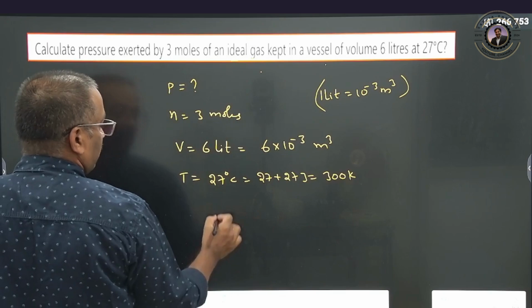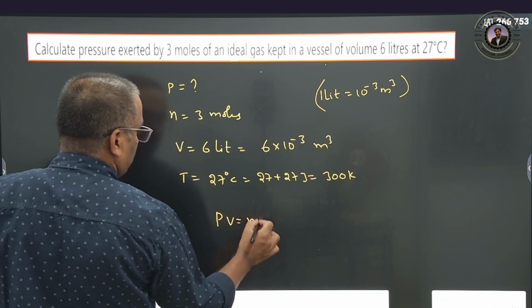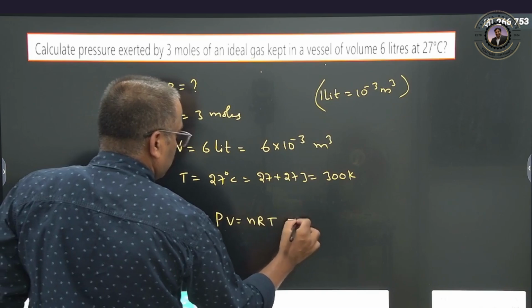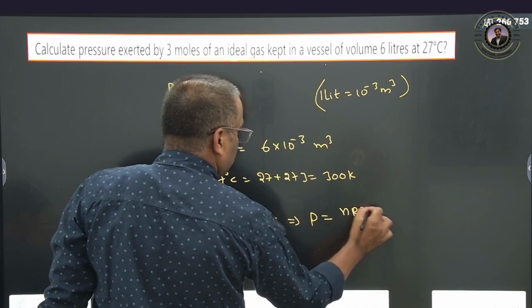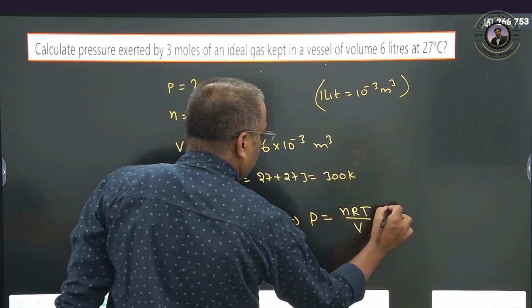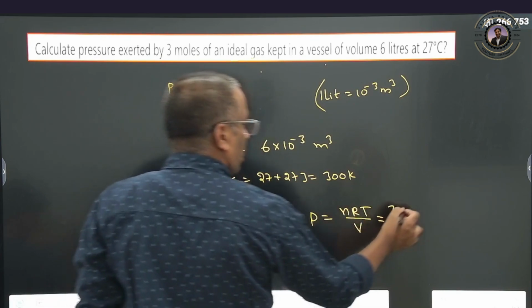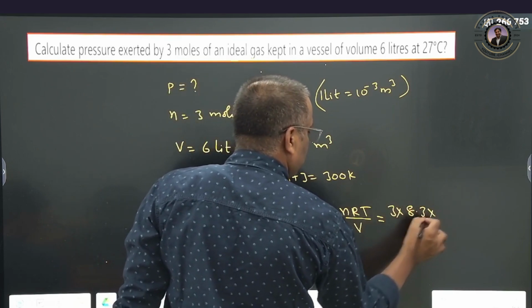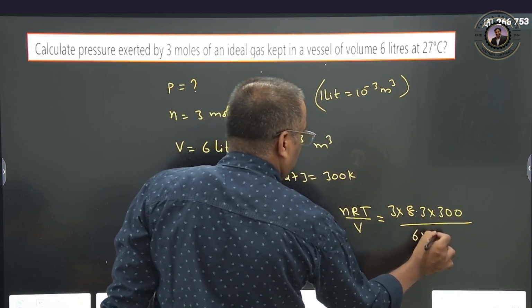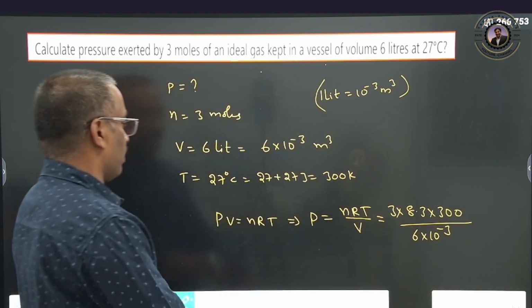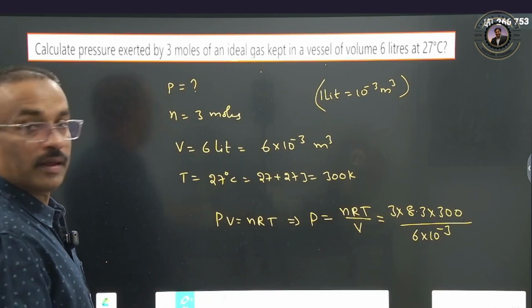The ideal gas equation you can write: PV is equal to nRT. That implies pressure is equal to nRT by V. n is 3, R value is 8.3, T is 300, divided by 6 into 10 to the power of minus 3. Clear?